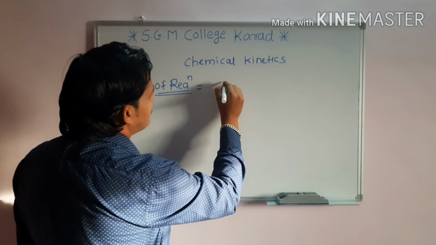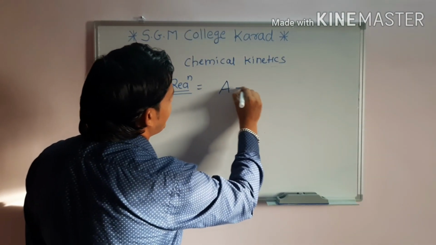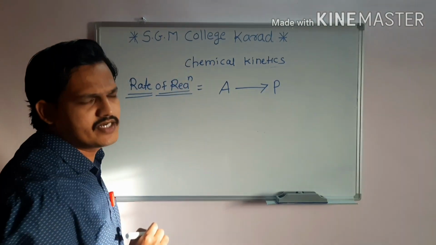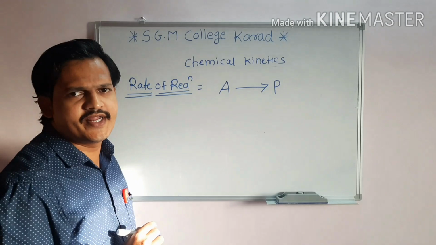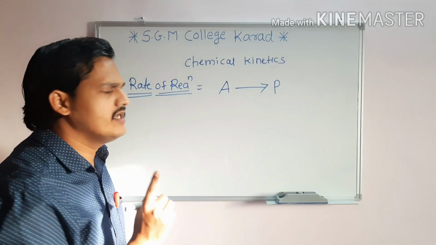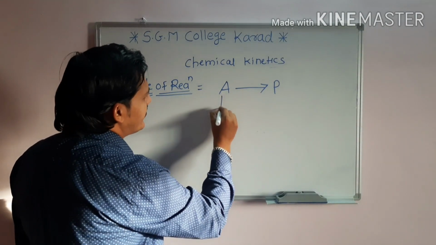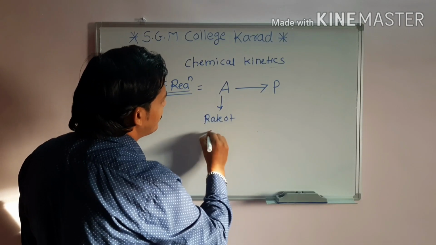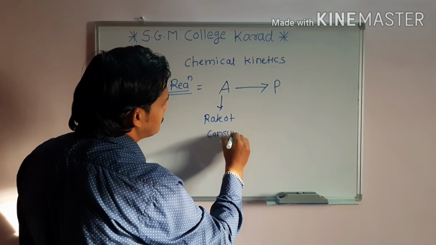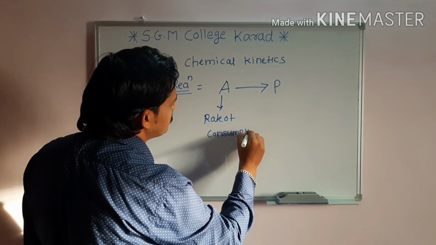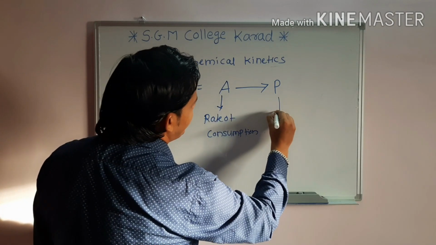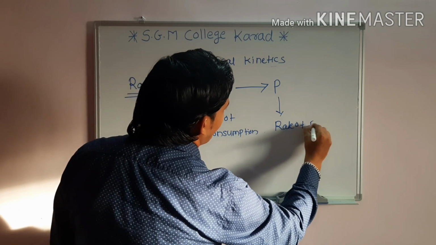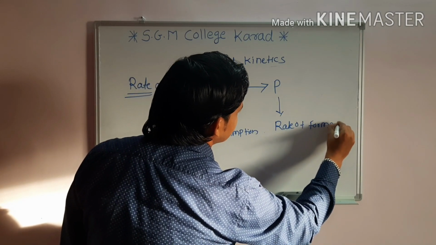So let us say an example, that is reactant A is converted into product P. Now in here rate of consumption of reactant and rate of formation takes place.